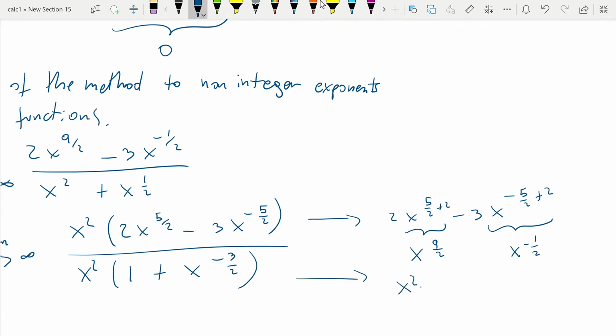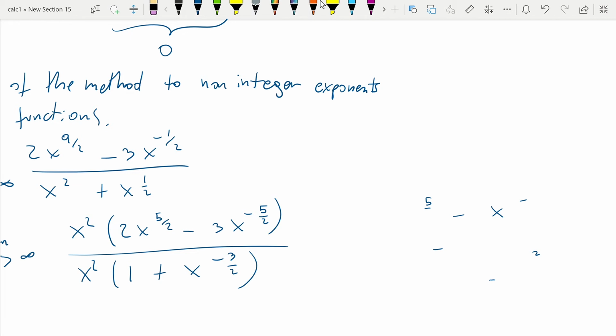So x squared times 1 is just x squared, and that plus x to the 2 minus 3 over 2, and 4 minus 3 over 2 is x to the 1 half. This is just a factorization by x squared.